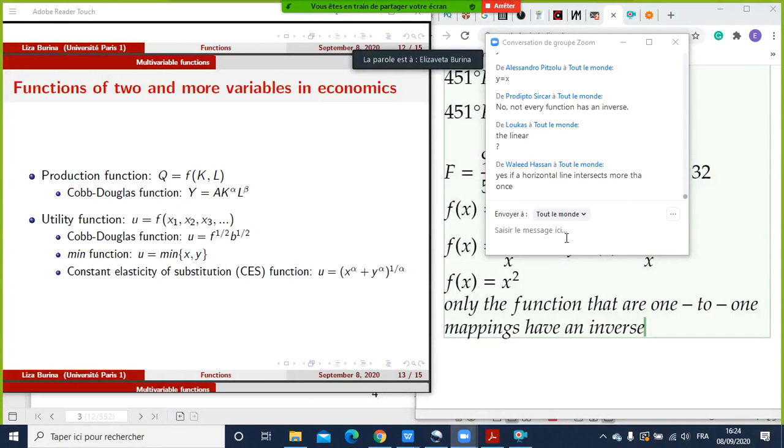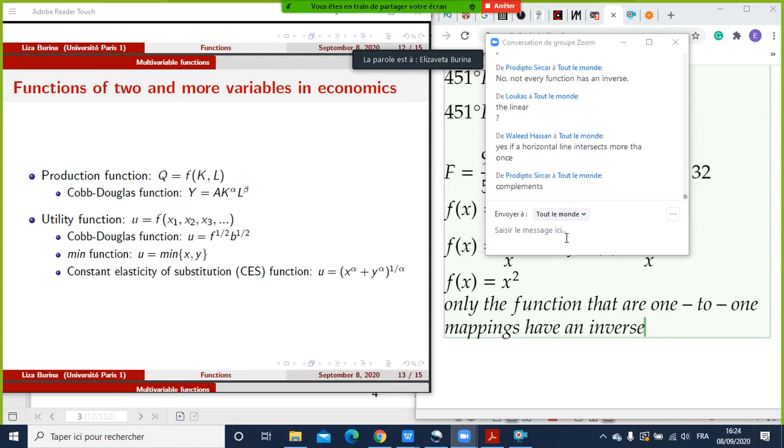Do you know in which case? Does someone know when we use min functions? In the case of utility, especially. When we have goods that are perfect substitutes.